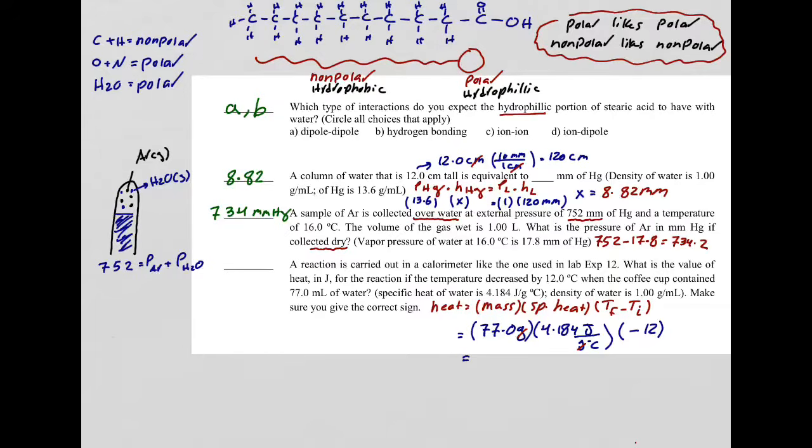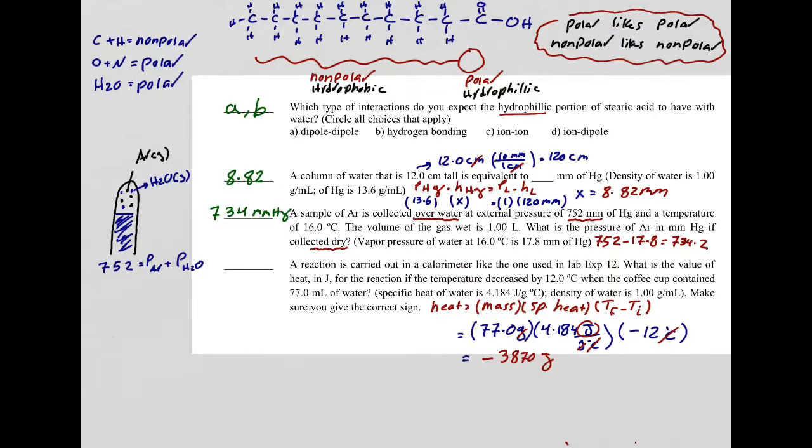Now, if you plug everything in, what you end up getting is negative 3,870 joules, right? And I should have put this 12 degrees Celsius, okay? So then degrees also cancels out and you end up with joules.